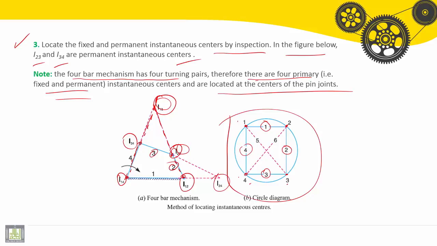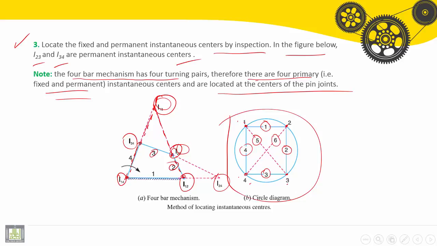These are the primary instantaneous centers of rotation. Remaining are the fifth center, between 1 and 3, and the sixth, the instantaneous center between 2 and 4.